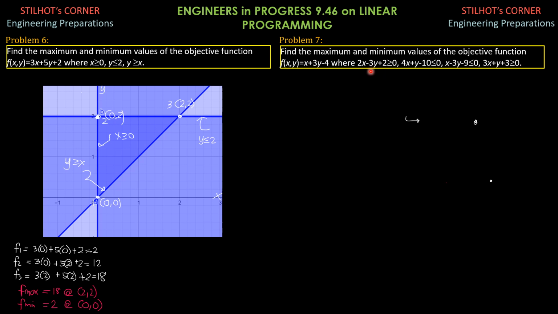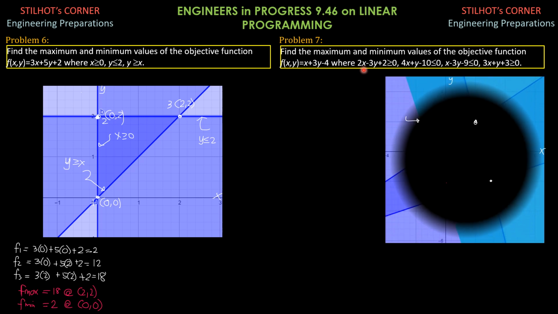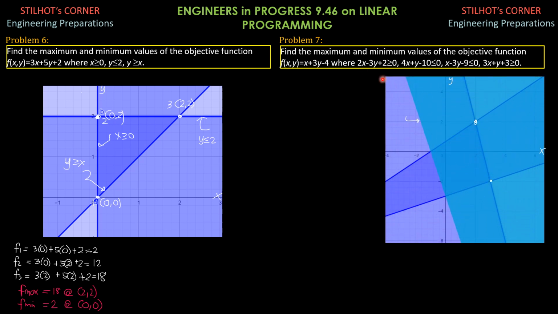So first, to plot, these are just lines. To plot, you set x to 0, then solve for y, then you set y equals 0, solve for x. We only need 2 points because these are lines. So this would be the graph.